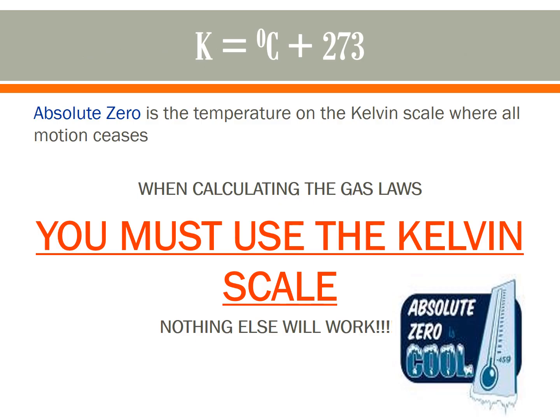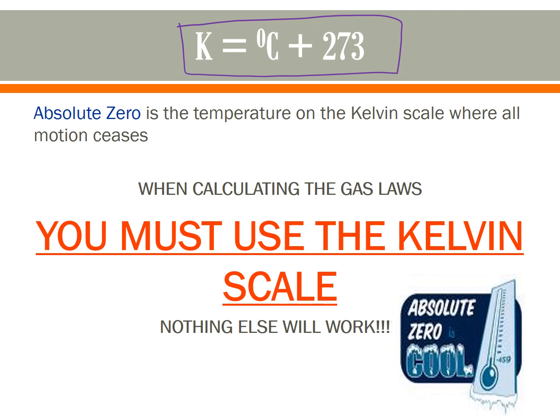All right, this is the conversion, so make sure you have that. To get any Celsius temperature to Kelvin, you're just going to add 273, that's it. Now, absolute zero is the temperature on the Kelvin scale where all motion ceases. Scientists have not yet gotten to absolute zero. This is just theoretical, they think that all motion ceases. They don't exactly know what that means, but they've gotten pretty close, I think within a millionth of a degree.